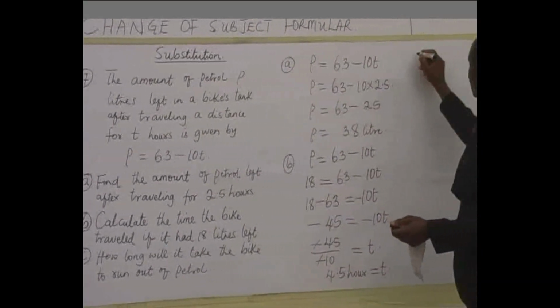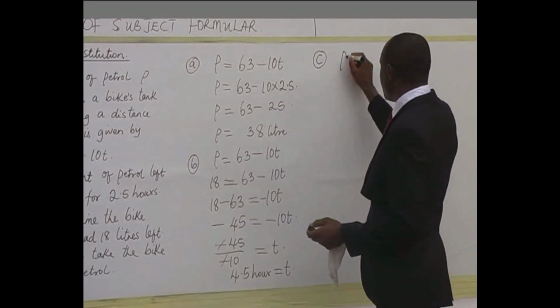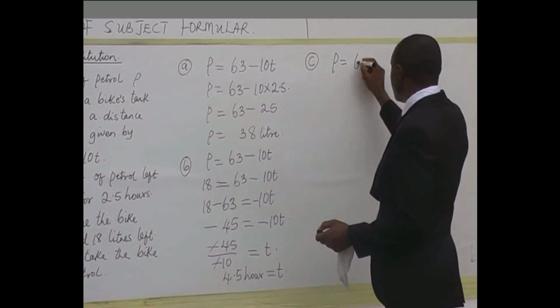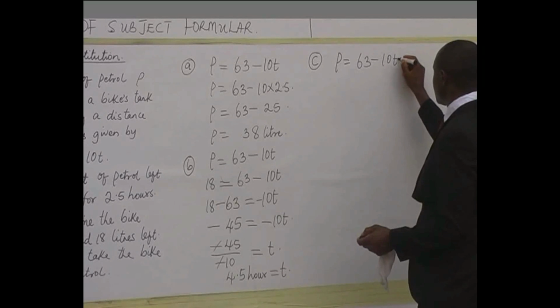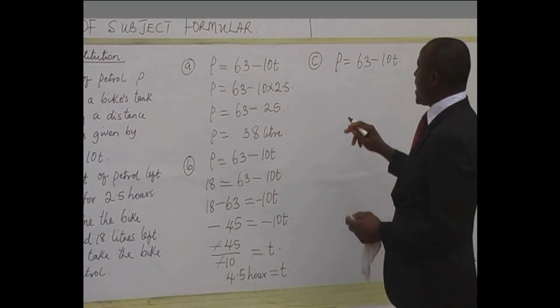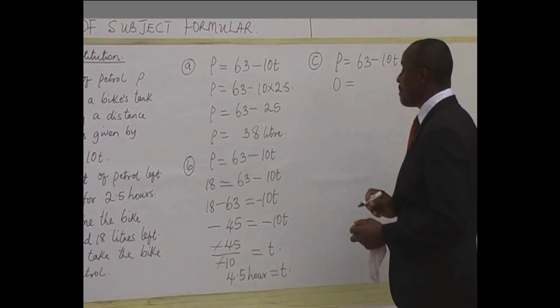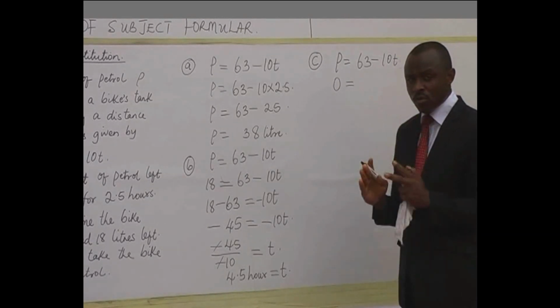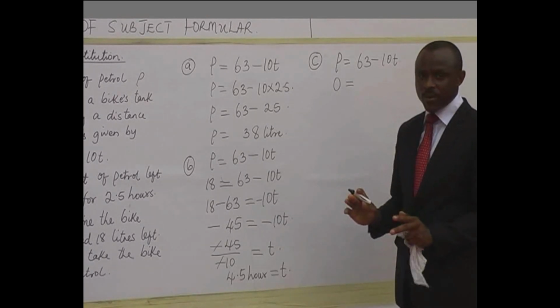Let's take number C. Remember, our equation says P is equal to 63 minus 10T. In that question, P is 0 now, because if the bike has run out of petrol, that means there is no petrol in the tank.